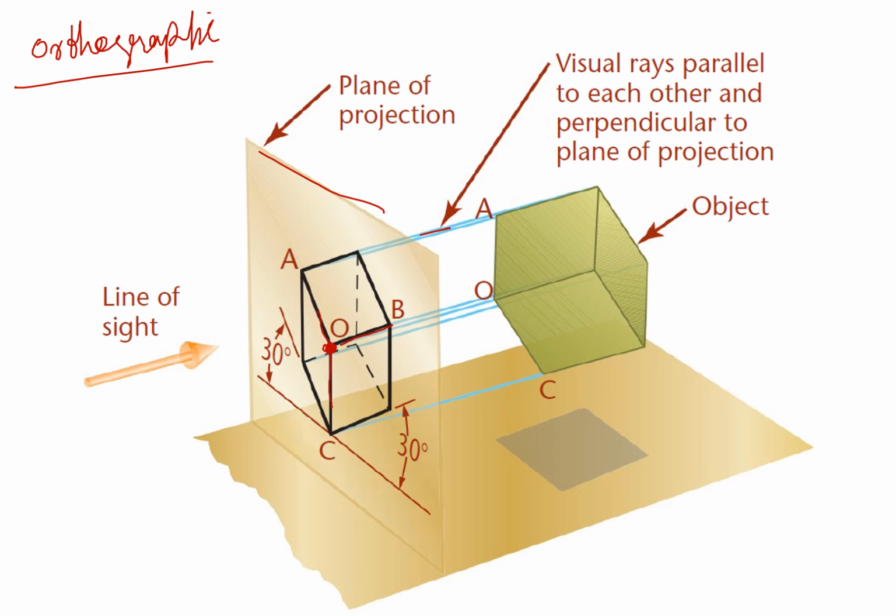We define them as axonometric axes, and then we define angles between these three axes. If those angles are equal, we define them as isometric. If two angles are equal, we define them as dimetric. If none of them are equal, we define them as trimetric.